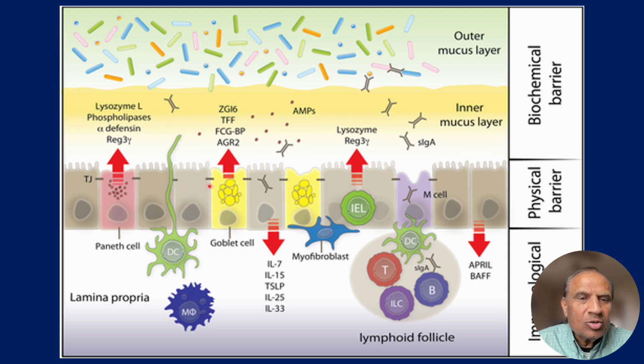The part towards the intestinal lumen or cavity is this part, and this part is the intestinal wall, attached to or communicating with systemic circulation or blood vessels. So the first important barrier function is maintained by the biochemical barrier.